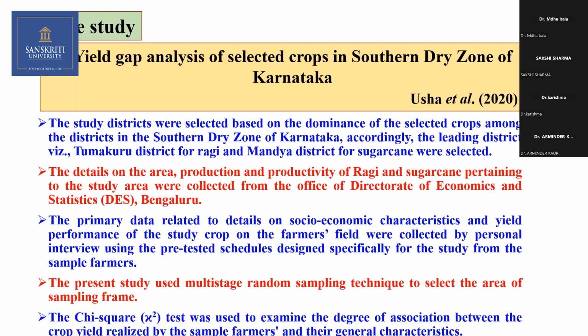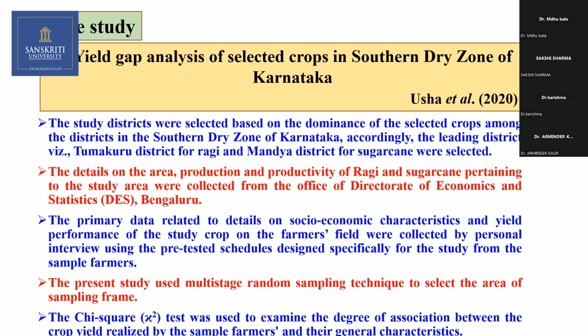That is yield gap analysis of selected crops in southern dry zones of Karnataka. Usha et al. studied this in the year 2020. She selected 2 crops, ragi and sugarcane. In the dry zone of Karnataka, she selected the leading districts, Tumkur district for ragi and Mandya district for sugarcane.